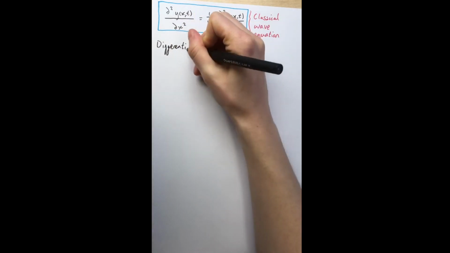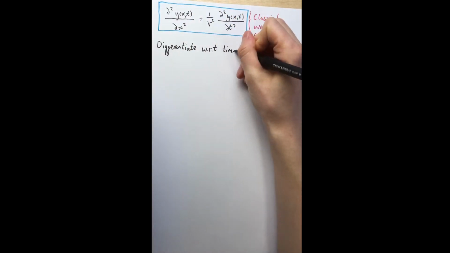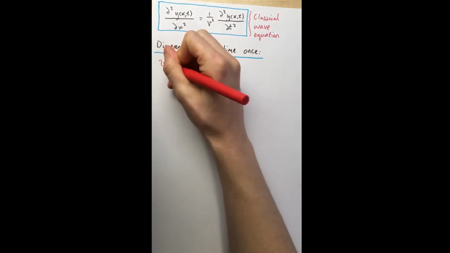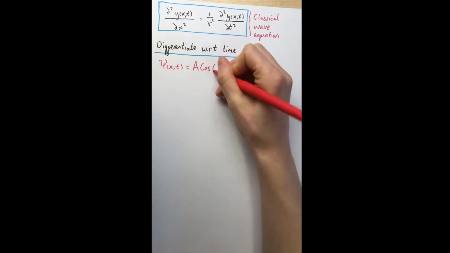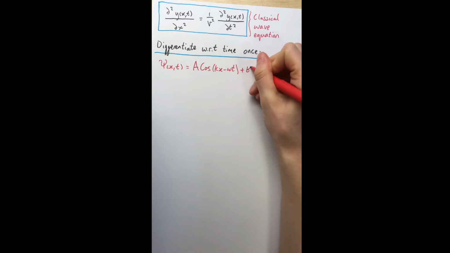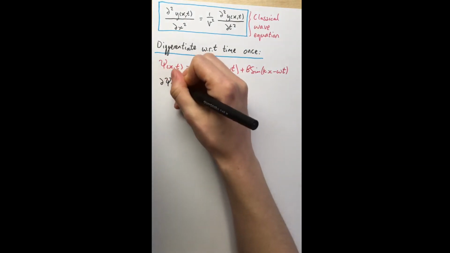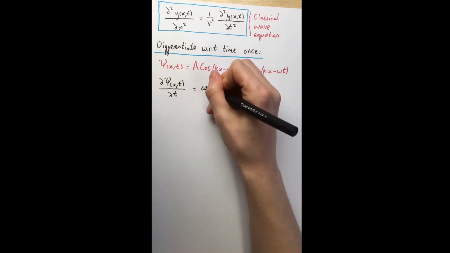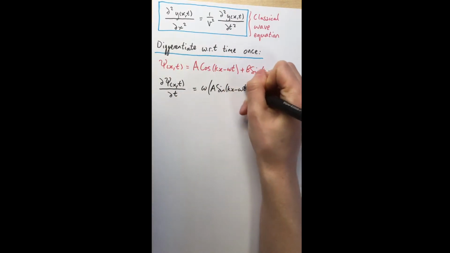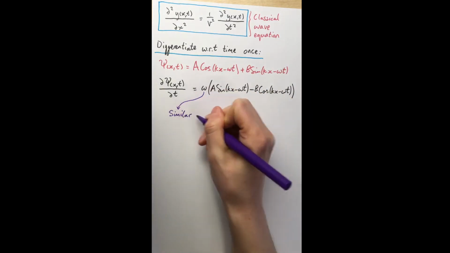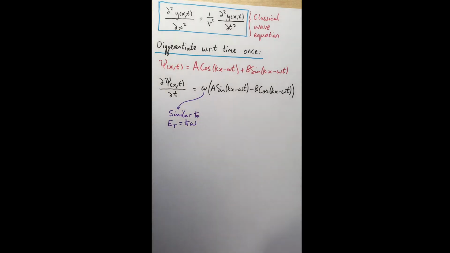Let's try and find another expression for the total energy times the wave function in terms of the time derivative of the wave function, again following inspiration from the right-hand side of the classical wave equation. So we begin to differentiate with respect to time. We now have a factor of omega, which is similar to the expression for the total energy.